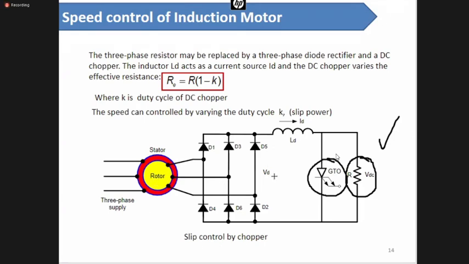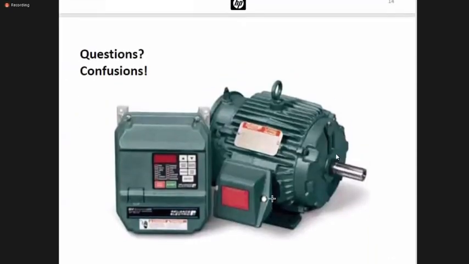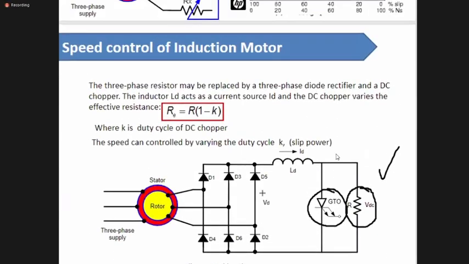That's how you control the speed of the induction motor, and in this case you don't need to worry about non-uniform variation in R, because you have only one R here, and this is always uniform variation. This is quite precise because you can change this K continuously. So that is the end of these AC motor drives.